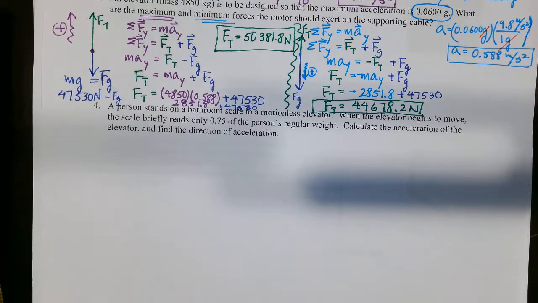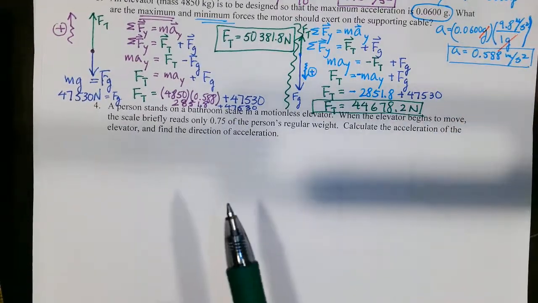Well, first of all, when you're standing on the bathroom scale of the elevator, your bathroom scale is actually measuring your normal force. Okay? So if somebody's pushing down on this person, then the bathroom scale would read more than the person's weight.